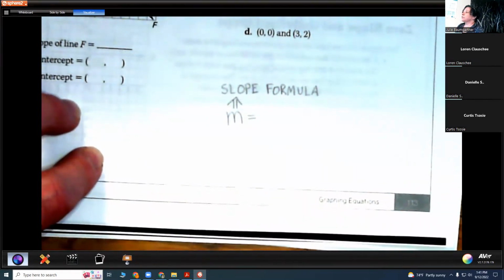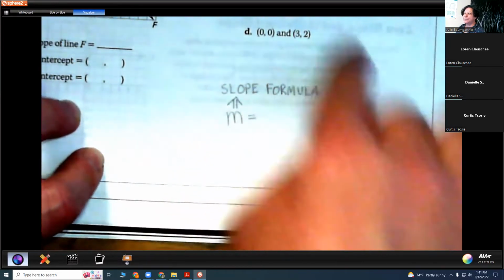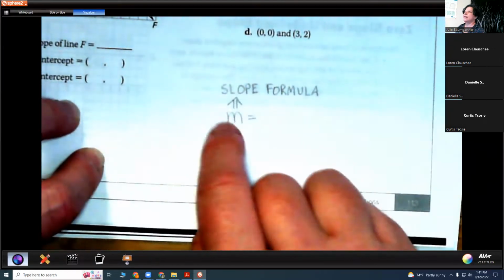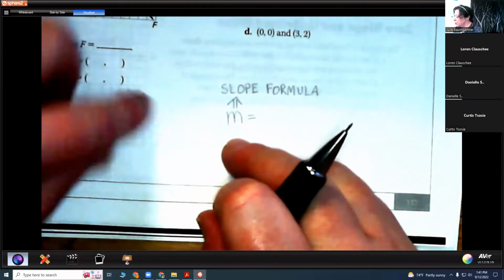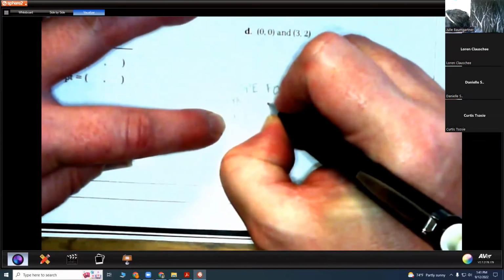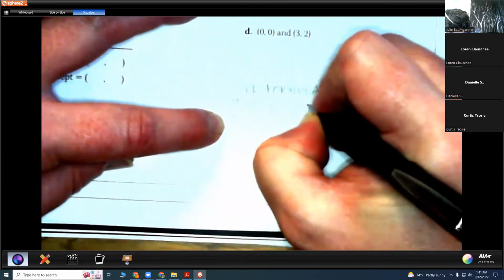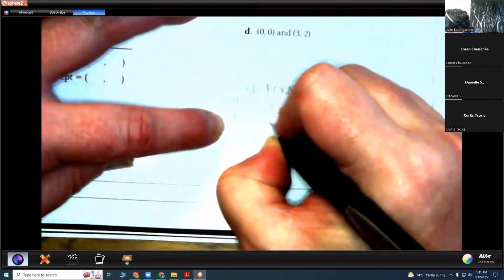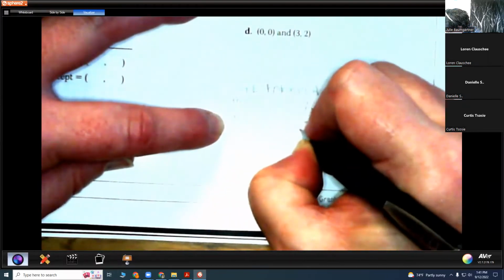So if you see m in one of these line formulas, it's referring to the slope of the line. In order to calculate slope, we take the change in y and divide it by the change in x.